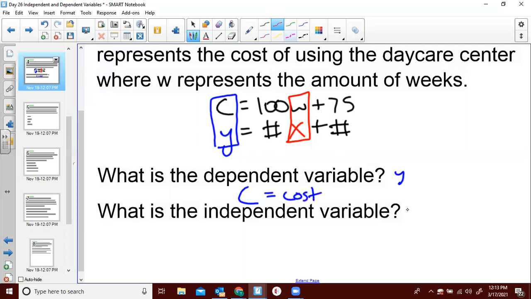Our independent variable, the one that gets to work by itself, is going to be X, which in this case is W, which stands for weeks.